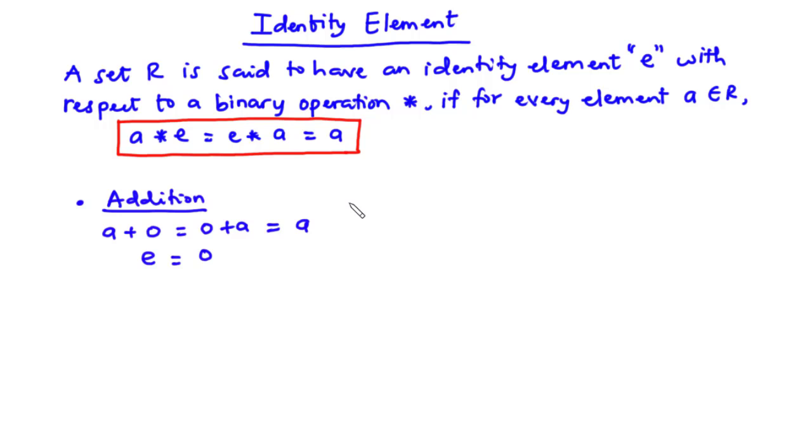So the whole concept behind identity element is that when an element A of the set R is combined with an identity element under the operation star, the result does not change. Now let's do the same for multiplication.